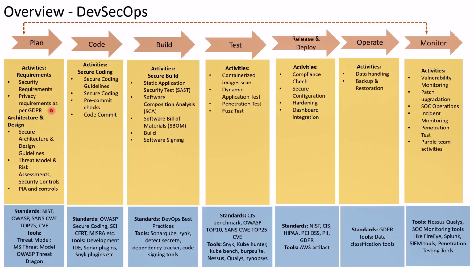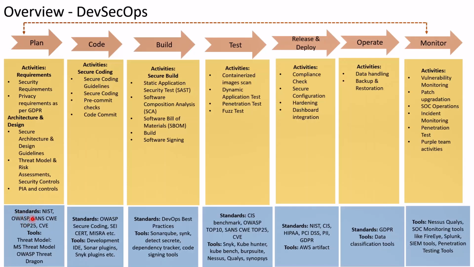as per our GDPR, then the architecture and design phase: secure architecture and design guidelines, threat model and risk assessment, security controls, privacy impact assessment and its controls. So these high level activities we need to consider as part of our plan stage.